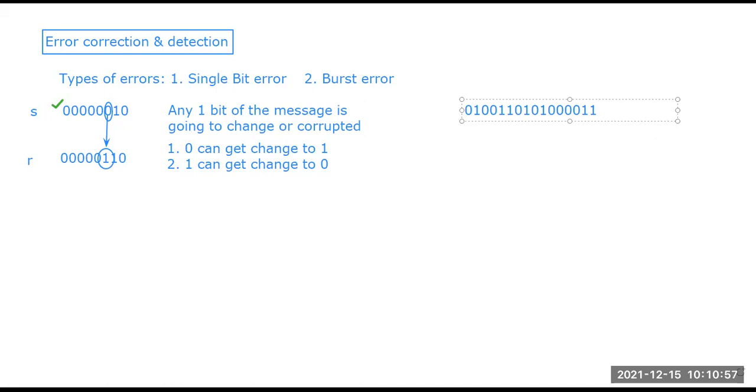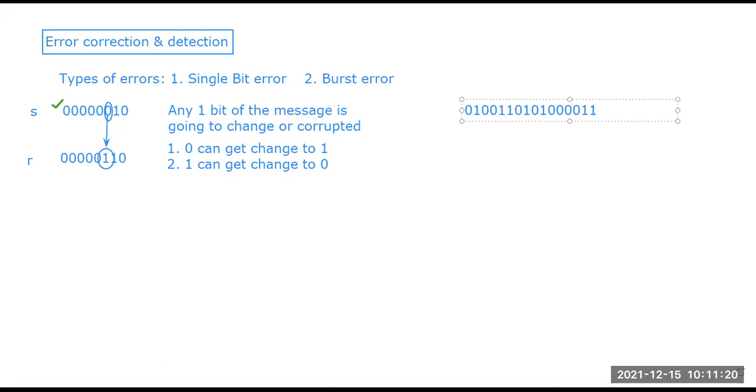In single bit error, only one bit of the message gets changed, right? But in burst error, the minimum number of bits that can change is 2, and more than 2 bits can be changed. So 2 or more bits in the data may get changed, again either 0 to 1 or 1 to 0.